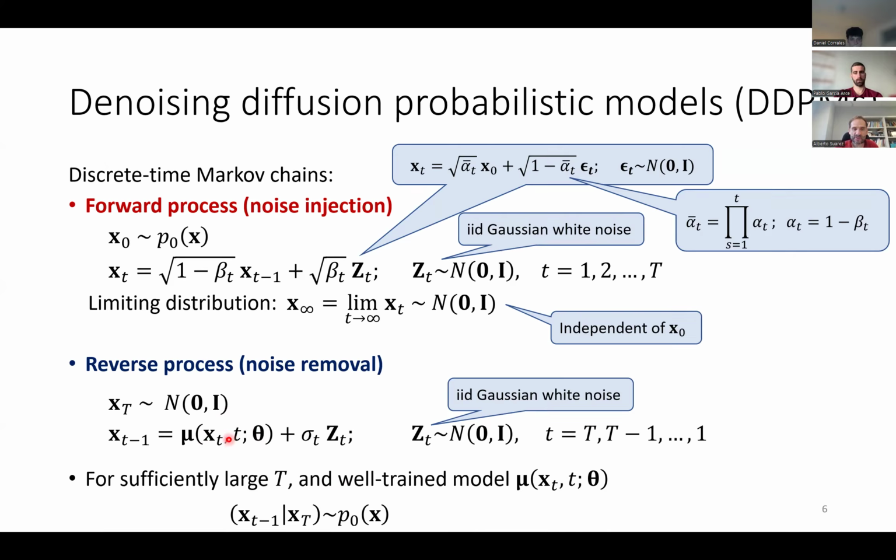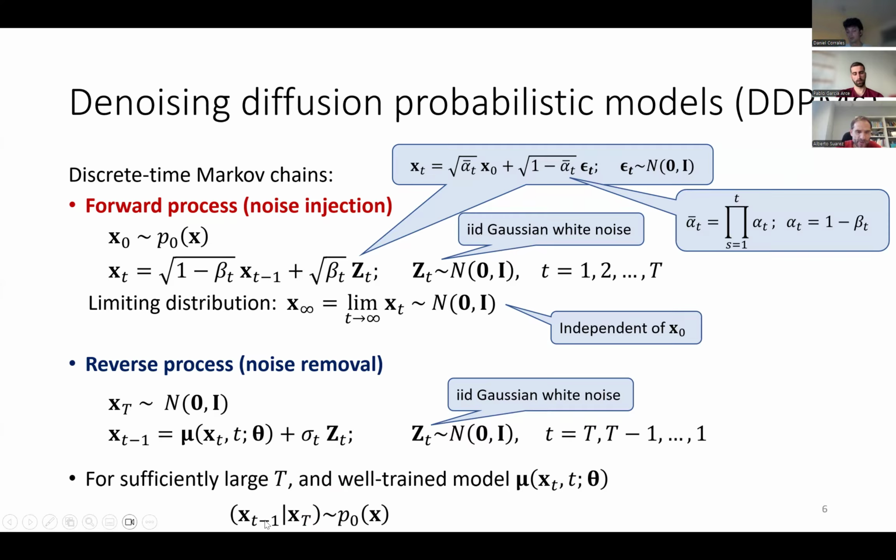Your hope is that if this has been properly trained, and T has been sufficiently large, so that you're guaranteed that you can sample from the limiting distribution of the forward process, then you expect, sorry, this is a mistake.